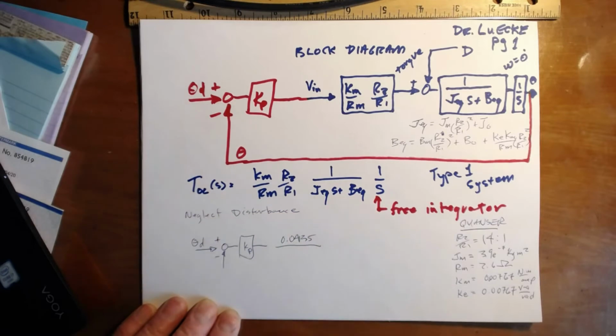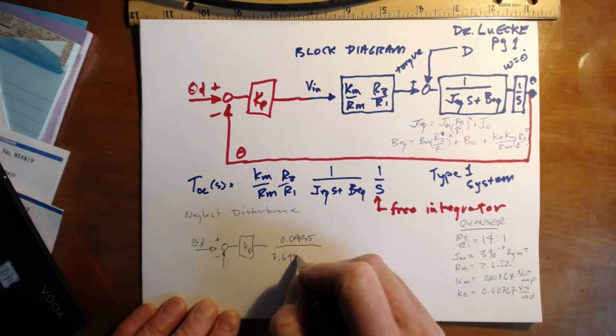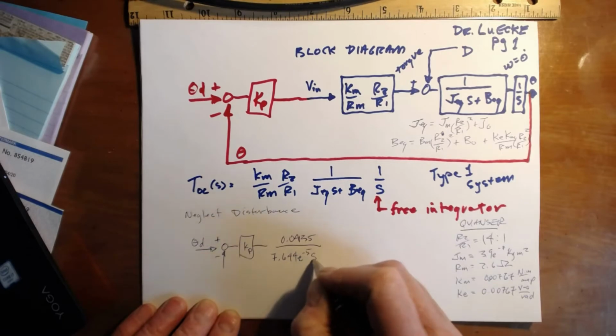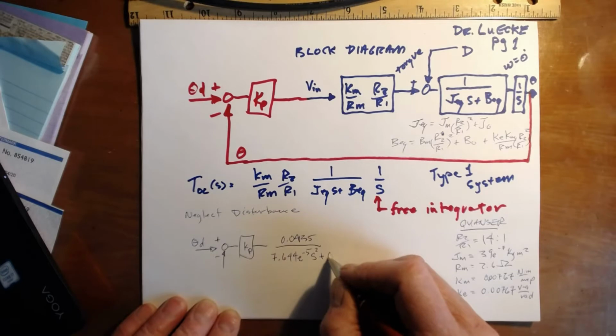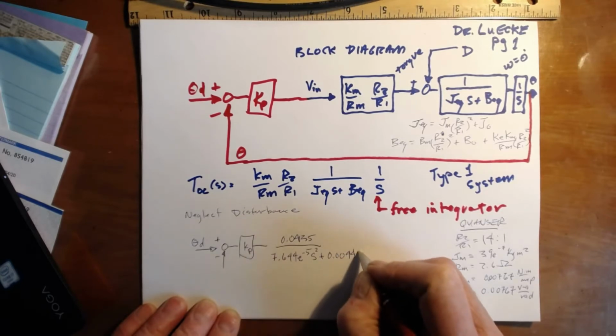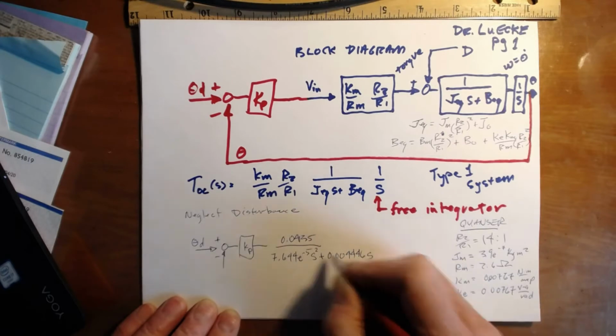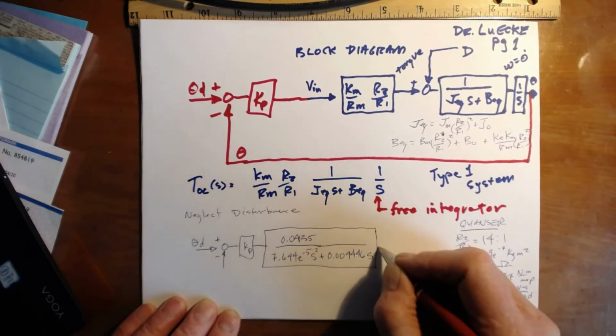You can put your numbers in if you want. This is a 7.644 E minus 5 S squared plus 0.00446 S, theta.